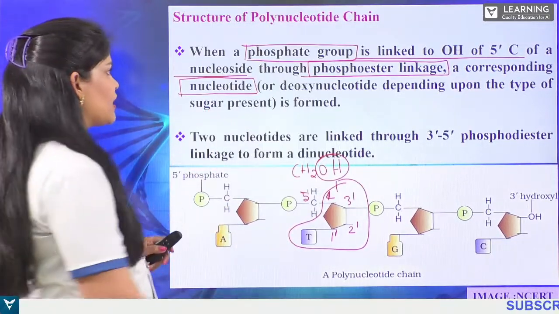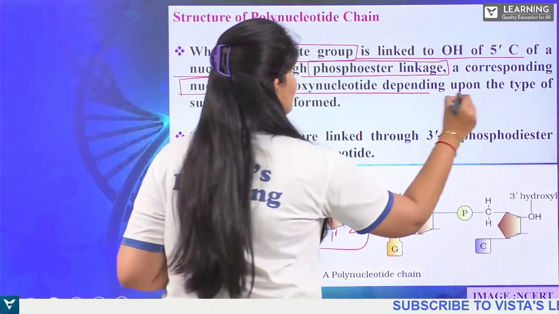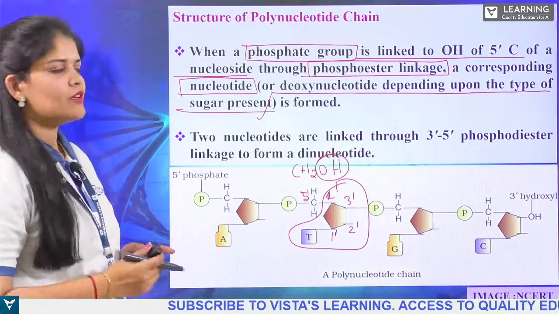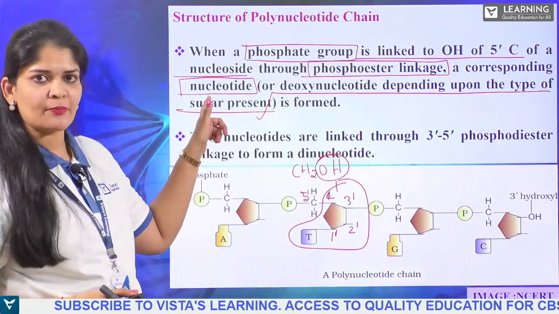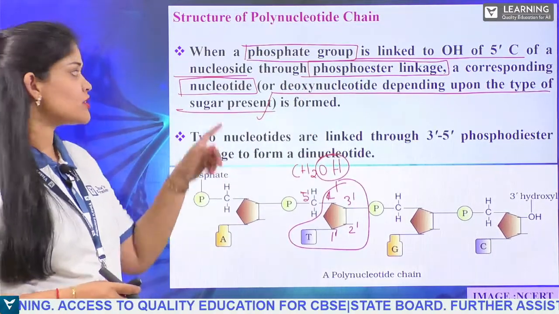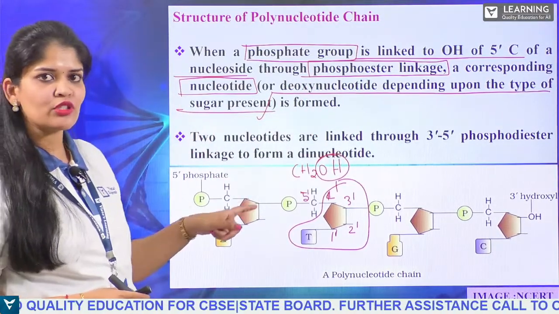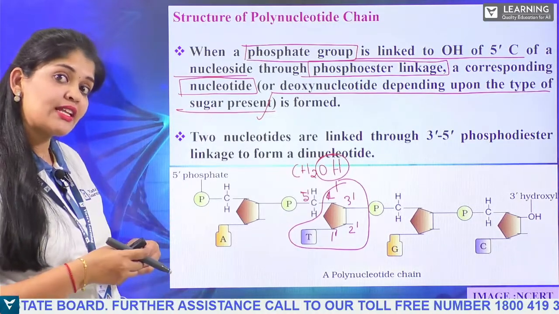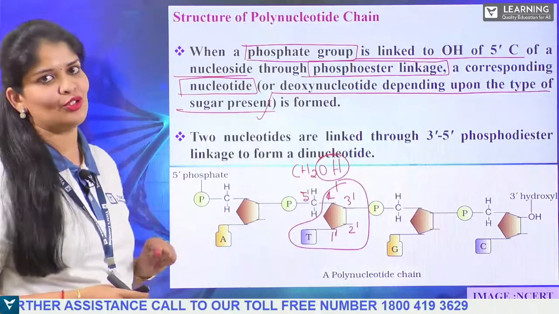3 components. The nucleotide type depends upon the type of sugar present. We call it a nucleotide in the case of RNA, and we call it a deoxynucleotide in the case of DNA, because the sugar will decide whether it is ribose or deoxyribose. If it is ribose, nucleotide. If it is deoxyribose, deoxynucleotide.